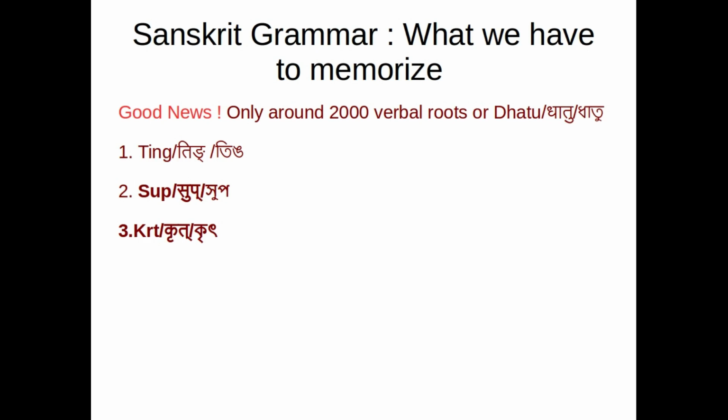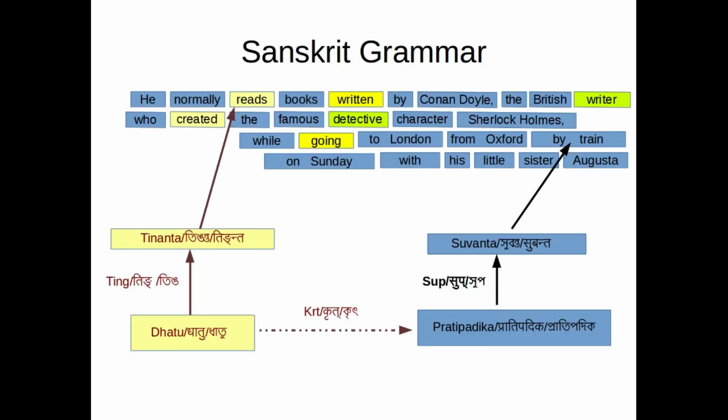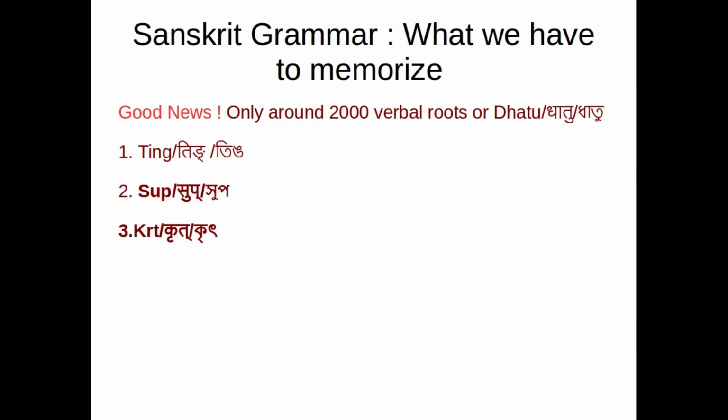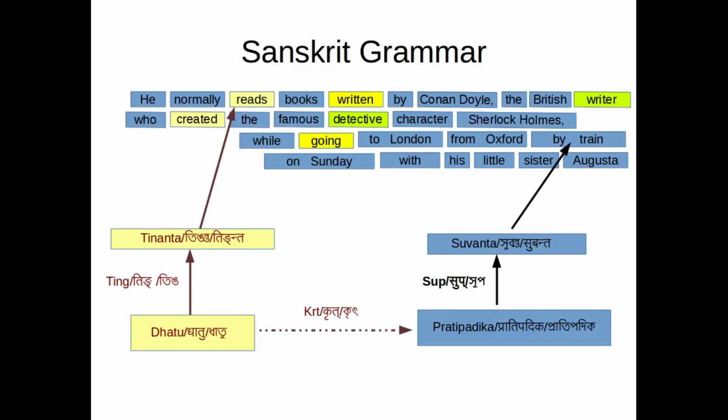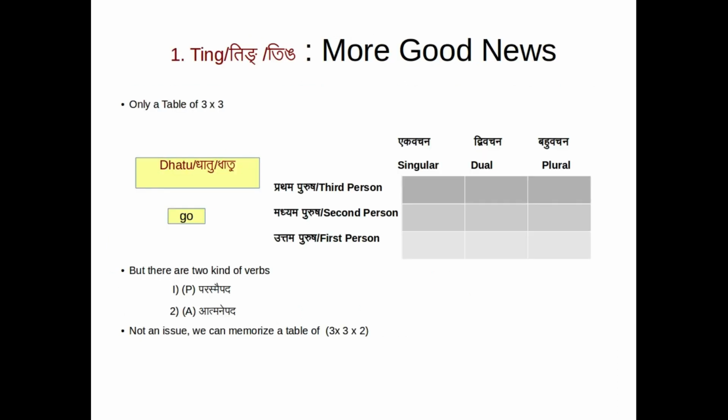One such mechanism we discussed briefly: from a dhatu, use ting pratyaya to get a verb-like word. There are sup and krit pratyayas as well, which we also discussed. There is more good news.